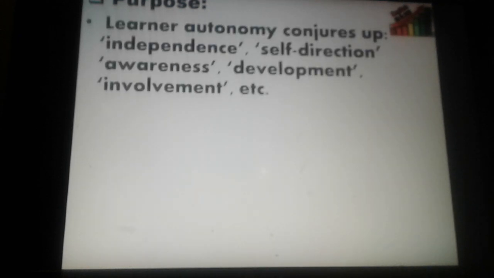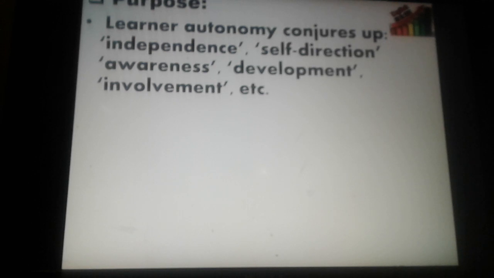Learner autonomy conjures up independence, self-direction, awareness, development, involvement, etc. So learner autonomy helps students to become independent, and in self-direction, he will have the opportunity to choose the topic, the learning process, and the strategy he wants in the classroom.